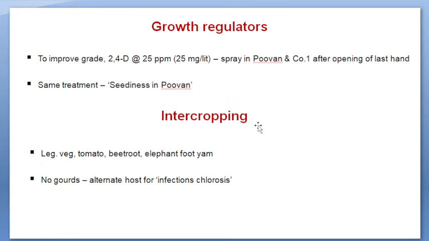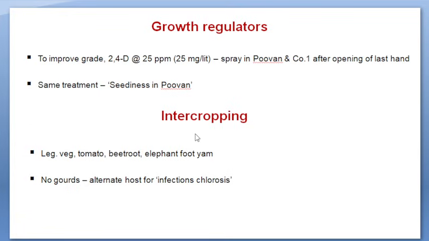Those horticulture practices will repeat in the coming slides. Growth regulators also play a major role. Mainly 2,4-D; we can increase the size. PO1 and CO1 especially, we can spray these chemicals. Apart from this, we can also control the seediness problem in PO1 by spraying GA3.